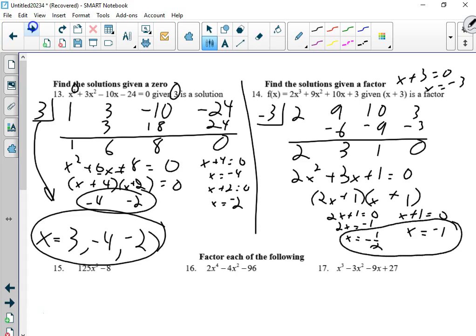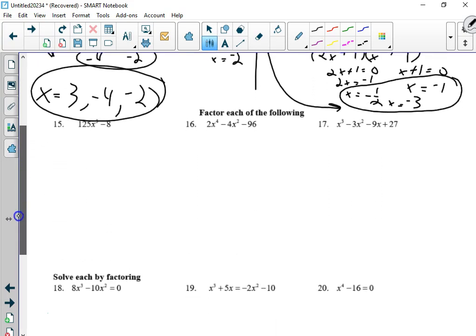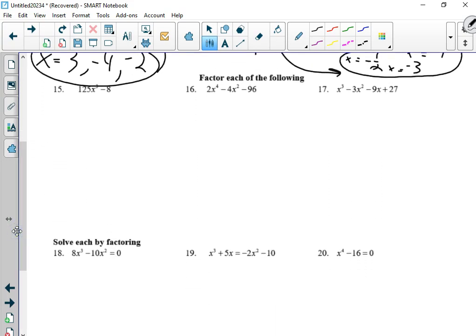No. I should have 3 answers. Here's my third answer. X equals negative 3. There are 3 solutions, 3 answers, 3 zeros, 3 roots, 3 x-intercepts.